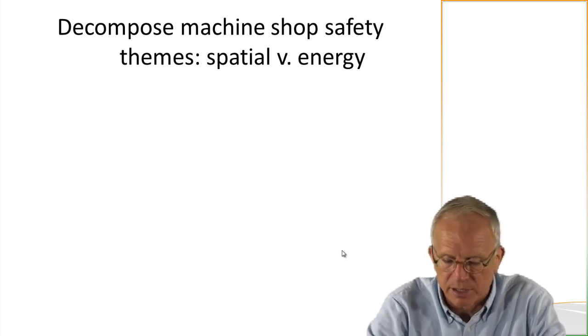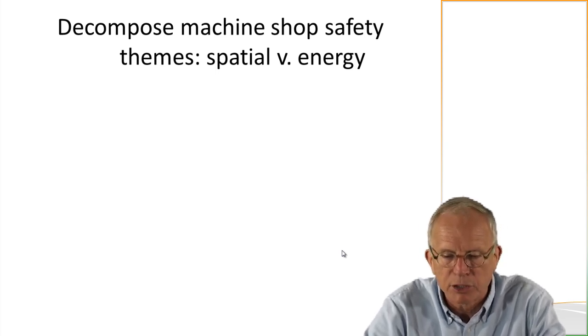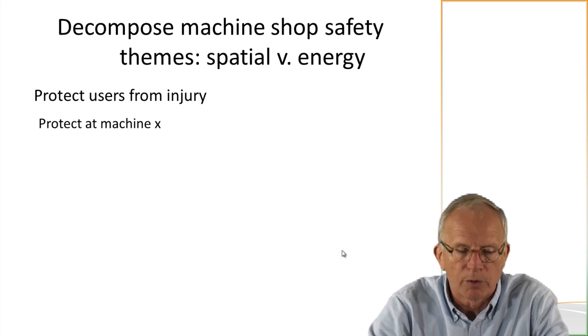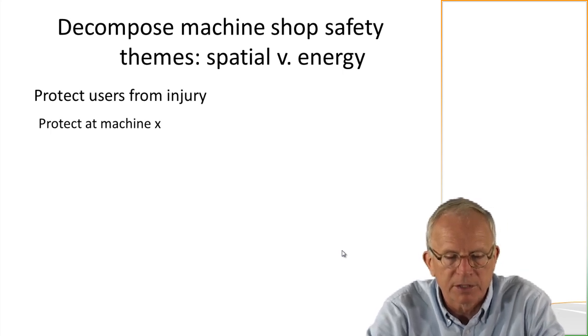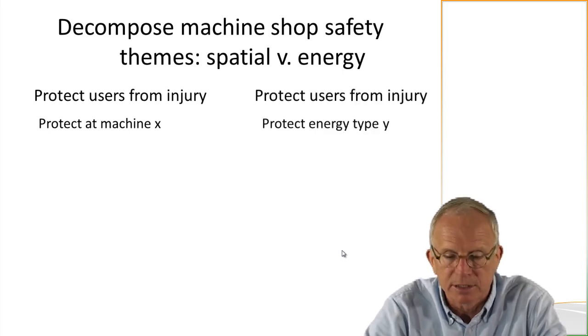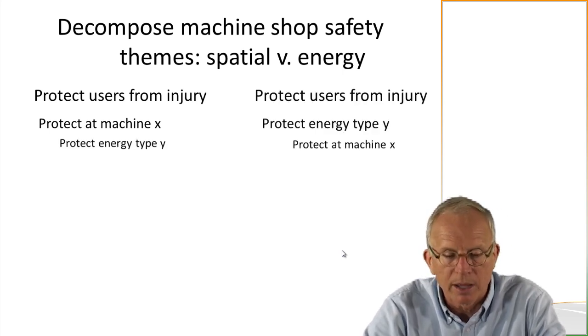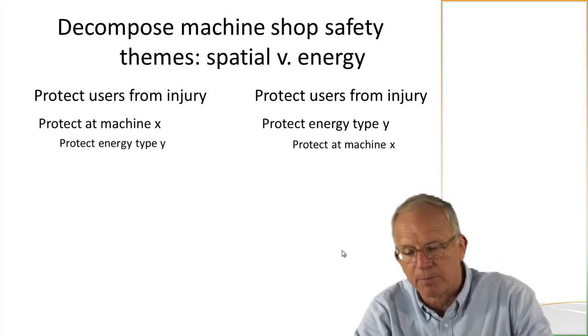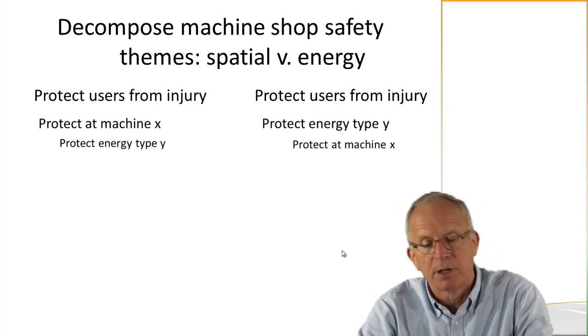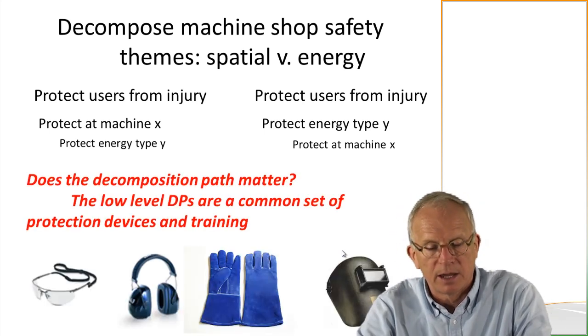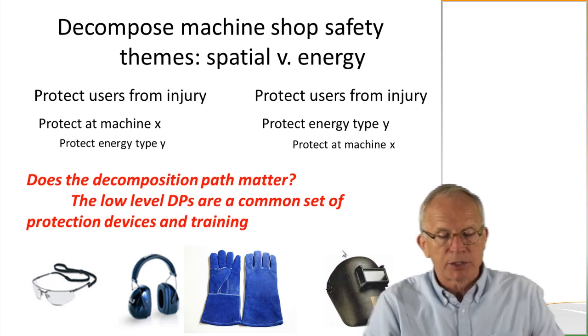So here's another decomposition theme, spatial versus energy for protecting people. If the FR0 is to protect users from injury, we might say protect machine X, protect machine Y, protect from different energy types. And then, does the decomposition really matter?